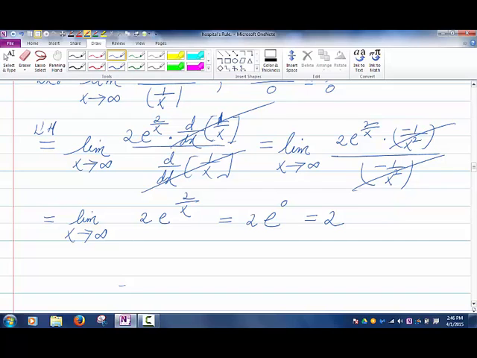Minus 1 over x squared, because 1 over x is x to the negative 1. So if you take the derivative, you get negative 1 times x to the negative 2, which is negative 1 over x squared, right? And then I can cancel out the derivative. Yeah, you can cancel them out.